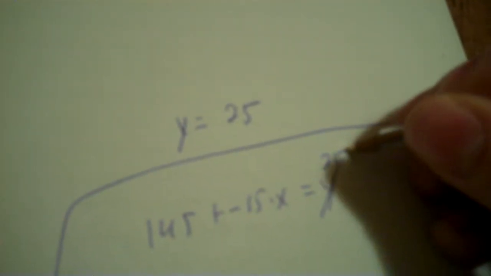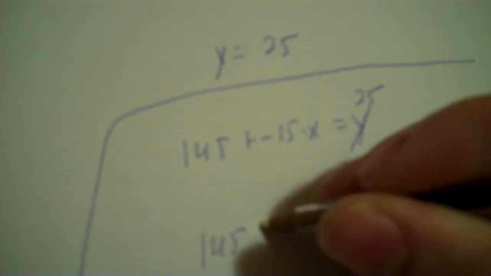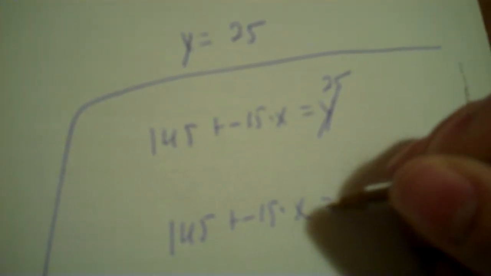So then I make my line, equals Y. We started at 145, then the rate of change is negative 15, so negative 15x equals Y. Okay, so you have 145 plus negative 15x equals Y. And then Y equals 25. So cross out your Y, put 25. So you have 145 plus negative 15 times x equals 25.